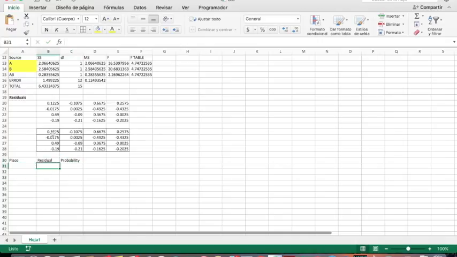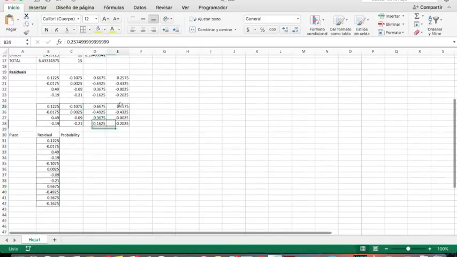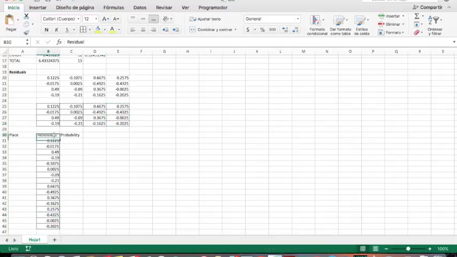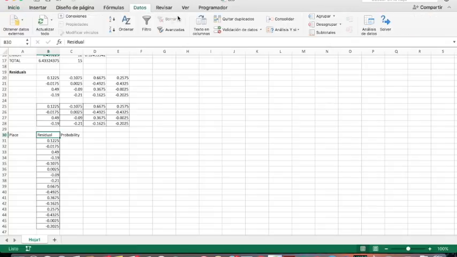And then we're gonna paste all of the residuals. And we're gonna sort them from the smaller one to the bigger one.